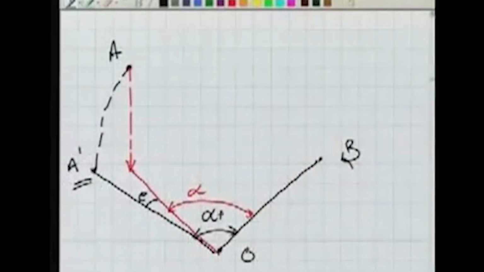Well, now if I change the face, start thinking: our cross wire had shifted here. This is the point where the cross wire is. Now I am going to change the face. Right now the face is right, and that is the point A dash which we are getting here. Now I change the face. What is the procedure?